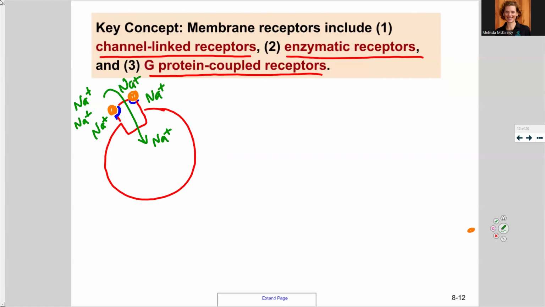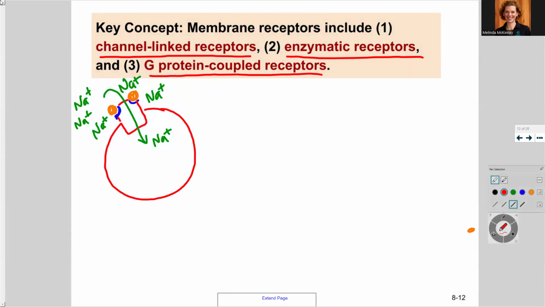And this is how we send nervous signals, really quick electrochemical signals through the body. You have a neurotransmitter, and it's going to bind to an ion channel. That channel is going to open. You're going to get flooded in with ions, and that's going to cause a cascading reaction. So that's a channel-linked receptor.